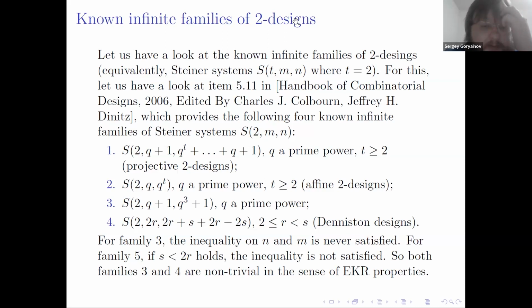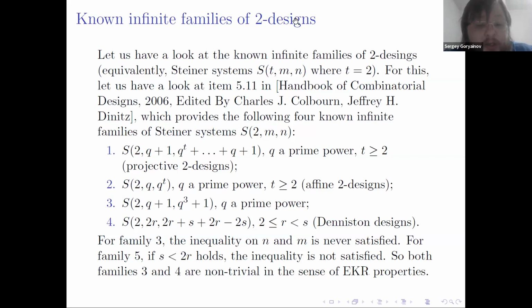The third family has parameters (2, q plus 1, q cubed plus 1), where q is a prime power, and family number 4 is known as Denniston designs. Its parameters depend on 2 values r and s, two integers such that r is greater than or equal to 2 and strictly less than s.